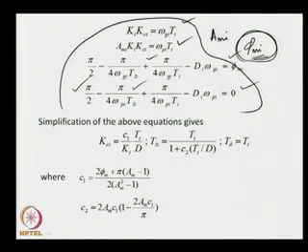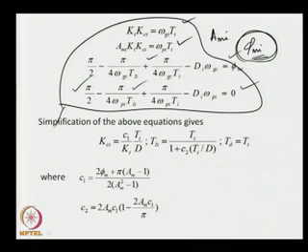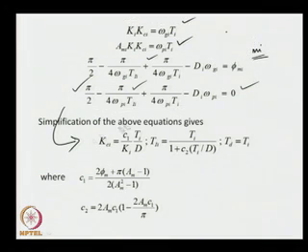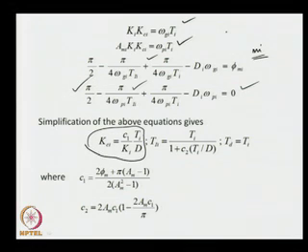Simplification of the four equations gives us expressions for the unknowns Kci and tii as Kci equal to C1 upon Ki times Ti upon Di, and tii equal to Ti upon 1 plus C2 times Ti upon Di, and we have already made this assumption at the beginning that Td equal to Ti.